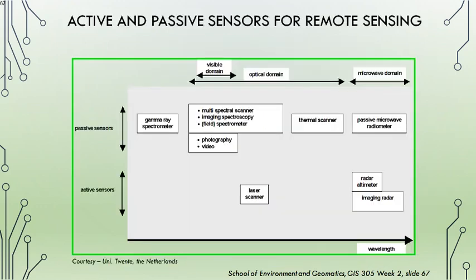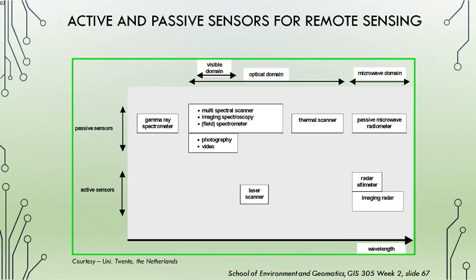So this is a bit of a review graph, but let's go over it because we're going to include interesting information. So if we consider passive sensors versus active sensors and the wavelengths in which they operate, we will note that none of them actually operate in the, well, no, I shouldn't say that.